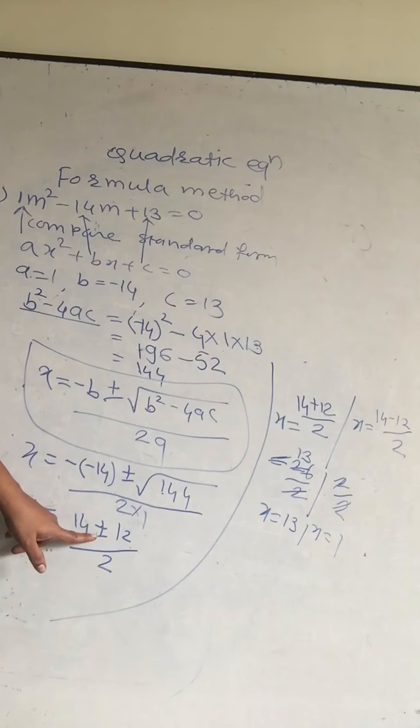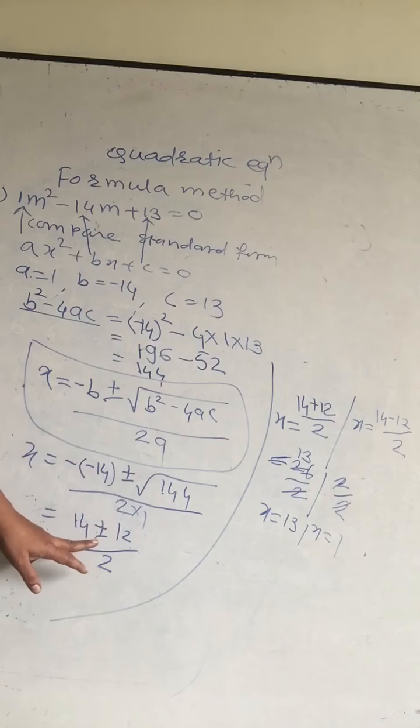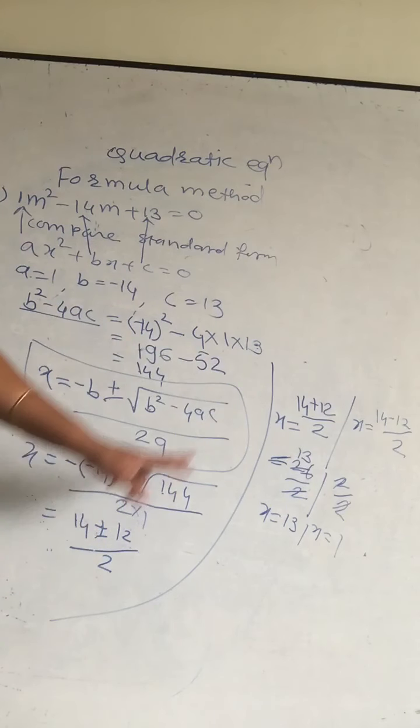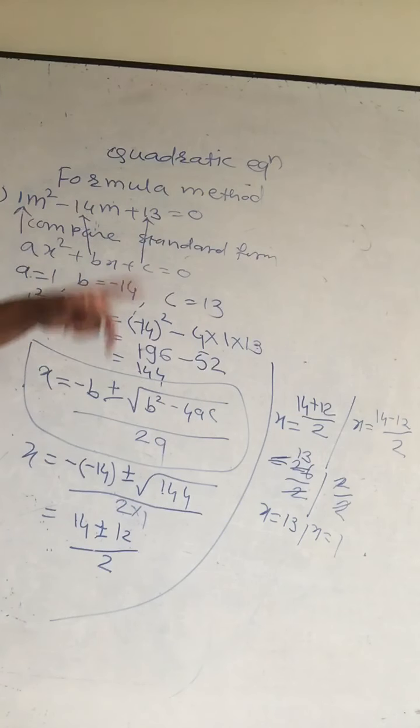From here we have to separate the roots. After calculating the square root, from here we separate the roots. First one time take the plus and one time the minus. So 14 plus 12 by 2 and 14 minus 12 by 2. So this is solving a quadratic equation by the formula method.